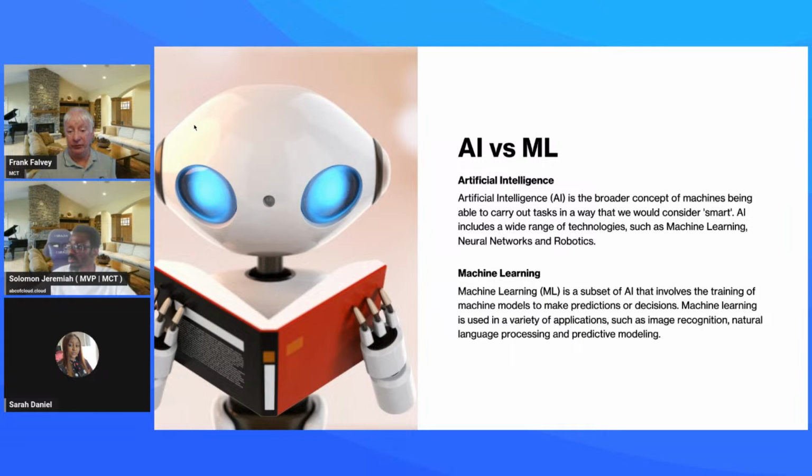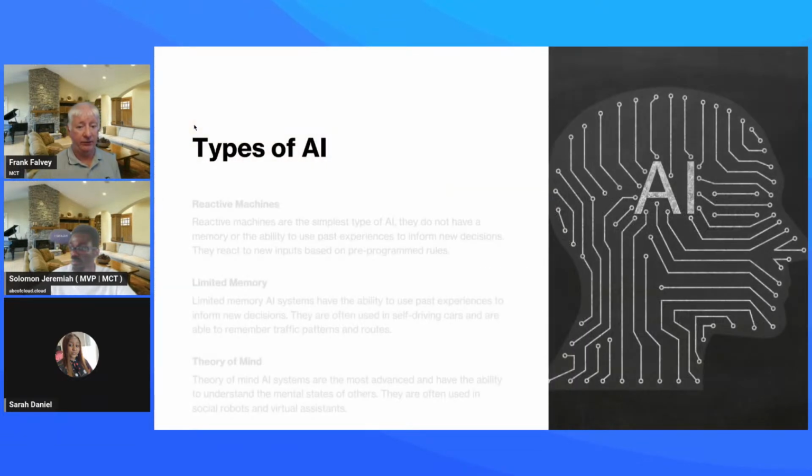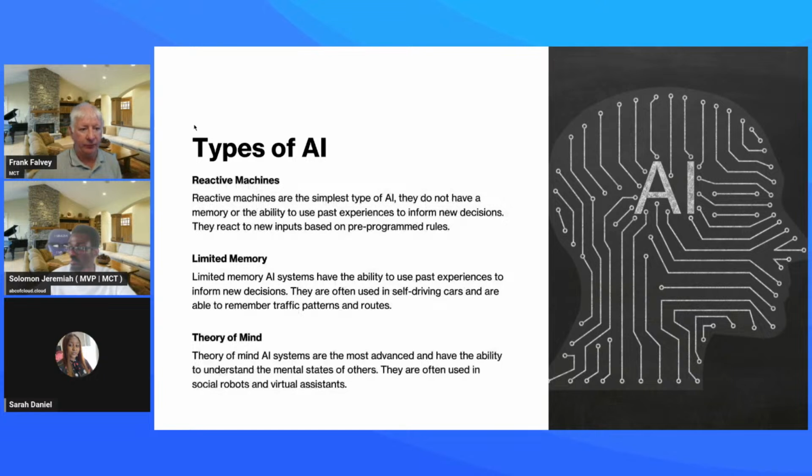Machine learning is used in a variety of applications, such as image recognition, natural language processing, and predictive modeling. So all this stuff that the Copilot just generated is all accurate so far from reading it. Reactive machines are simple types of AI. They do not have memory or the ability to use past experiences to inform new decisions. They react to new inputs based on pre-programmed rules.